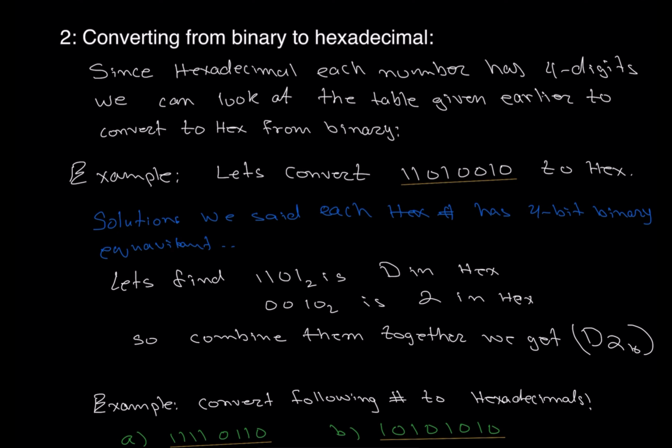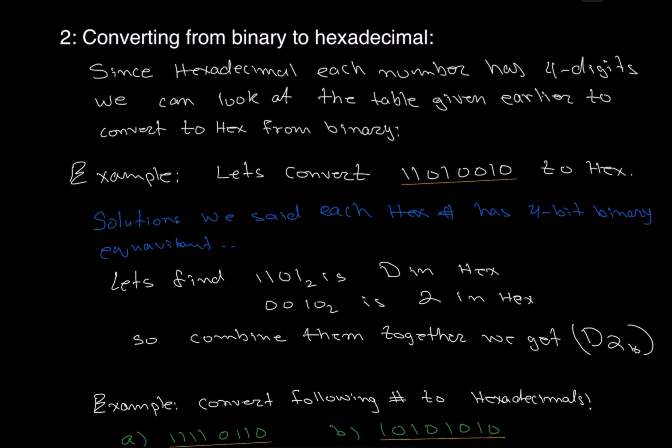Part 2 is converting from binary to hexadecimal numbers. This is a little bit of a memory-based problem, because we should be able to remember the binary numbers for 0 to 15 at least. Otherwise it'll be a little challenging to convert binary to hexadecimal.